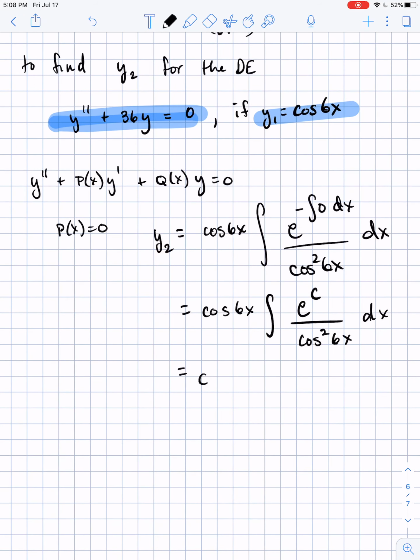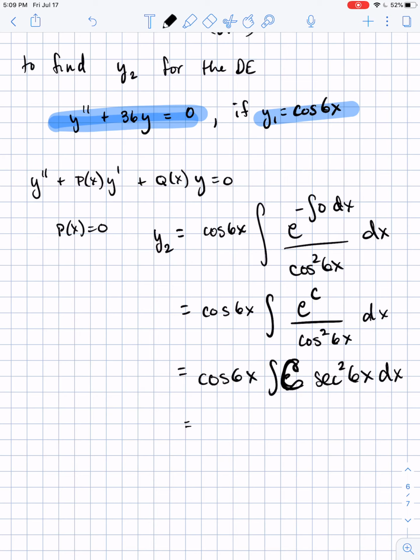Kick it out, right? So you'll have cosine 6x e to the c, or you could just make that a constant itself, right? You can make this a big constant here, and I'm going to bring this up and it gives me secant squared 6x dx. All right. What is the antiderivative of secant squared? Well, that's going to be tangent.